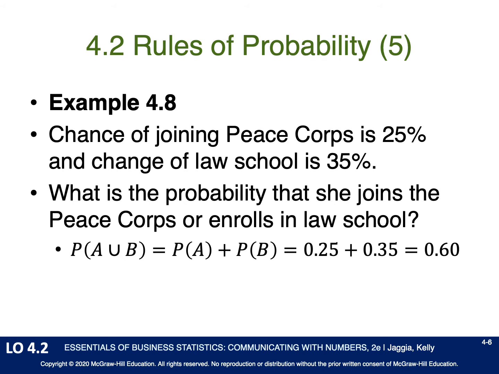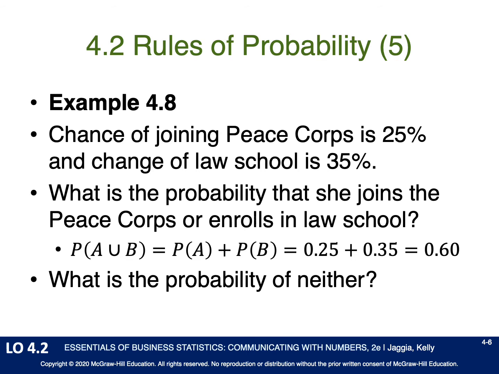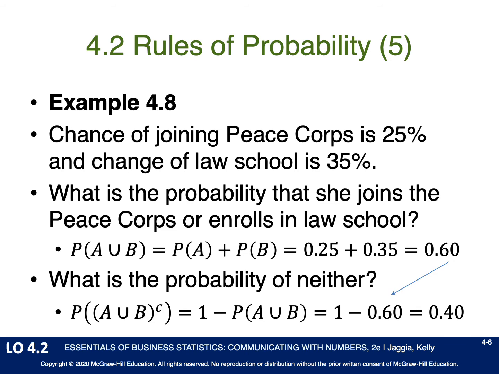Because they are mutually exclusive, there's no overlap. You can't do both at the same time. So the probability of doing neither is the complement of the union of A and B. And so that would be 1 minus the probability of joining the Peace Corps or going to law school, or 40%, so 1 minus 0.4.